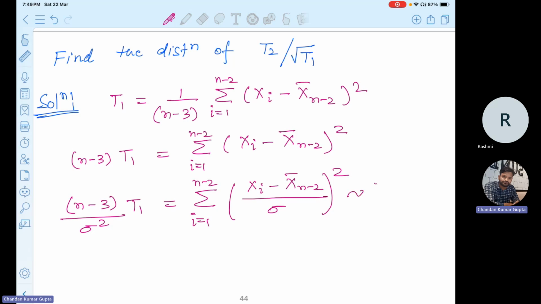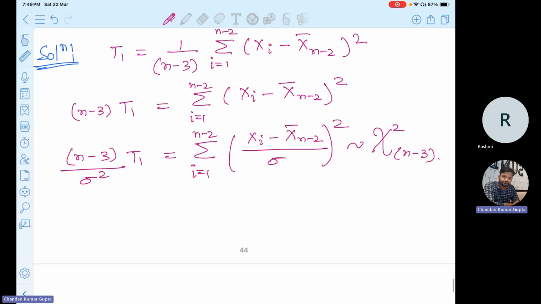So we have the distribution of n minus 3 upon sigma square T1, which is nothing but the chi square distribution with n minus 3 degrees of freedom.